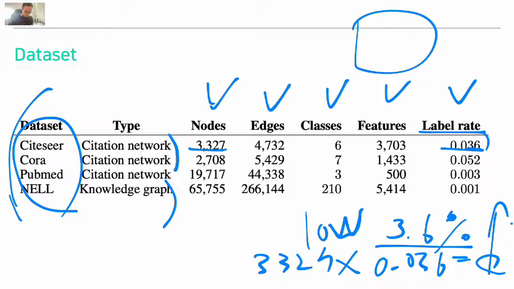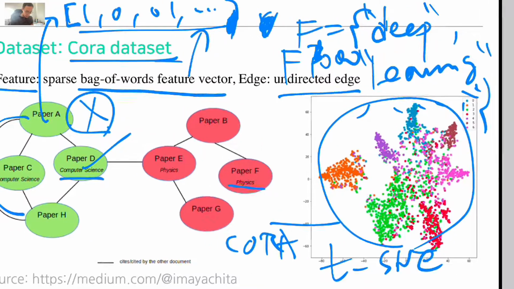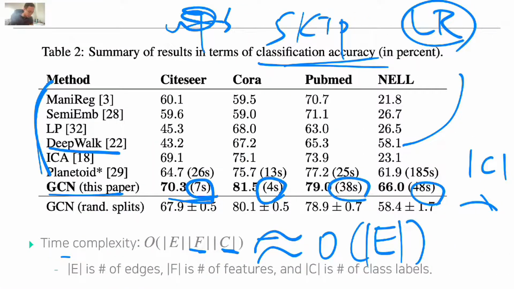This is particularly good where we have a small percentage of labeled nodes. When you use 10%, 20%, 30%, something like that, the others are also very good, and in practice they are not much different. But when you have a small number of labeled nodes, then GCN works better.